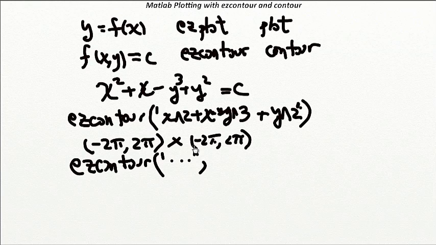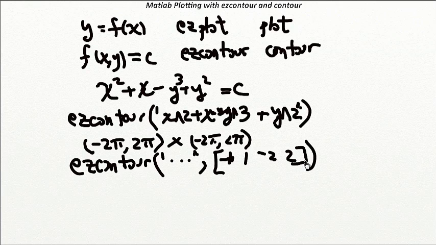But now let's suppose we wanted to restrict. And so I will put in minus 1, 1, minus 2, 2. If we enter that command, ezcontour will plot the level curves over the rectangle where x goes from minus 1 to 1 and y goes from minus 2 to 2.